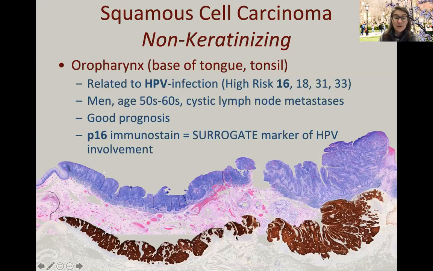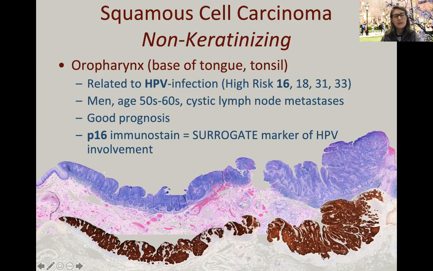And you can see very clearly on P16 immunostain an intense, strong brown reaction. The P16 immunostain is a surrogate marker of high-risk HPV involvement. The high-risk virotypes are usually 16, 18, 31, 33, 45, 50s, et cetera. There's a lot, but the most common one we're dealing with is viral type 16.